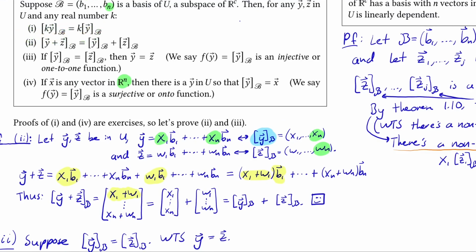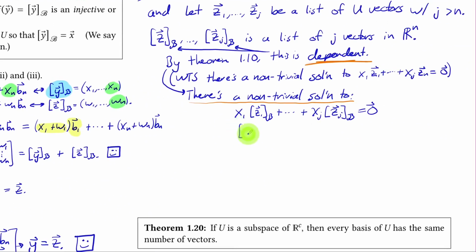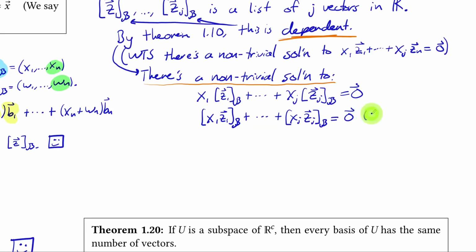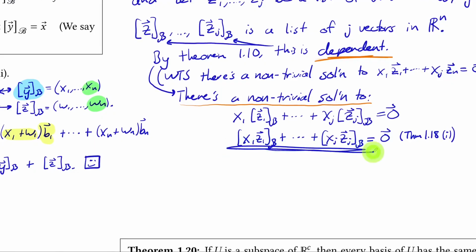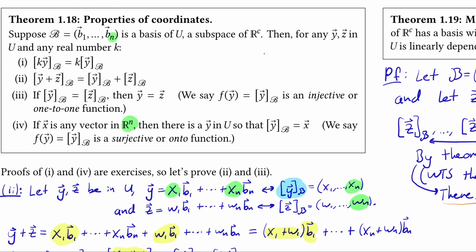First part 1, to combine these, we can say that x1 z1 plus and so on up through xj zj, taking those scalar coefficients inside the coordinates, that's going to be the same thing. And then we have a sum of them, so we can apply this theorem repeatedly to combine them into one. We have something like a sum of coordinates. We can turn that into the coordinates of a sum.